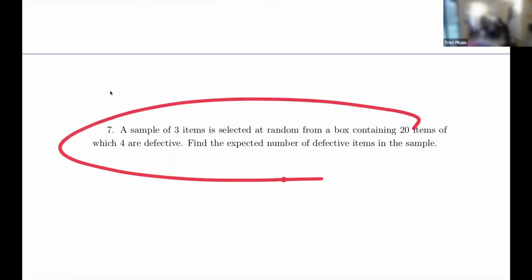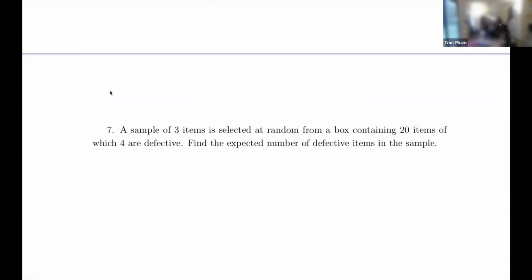Okay, number 7. Let's take a look and tell me what the answer is.